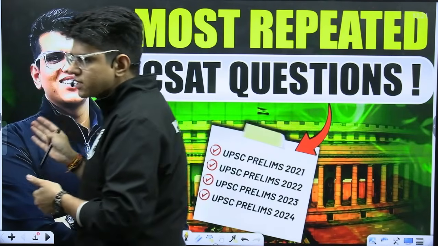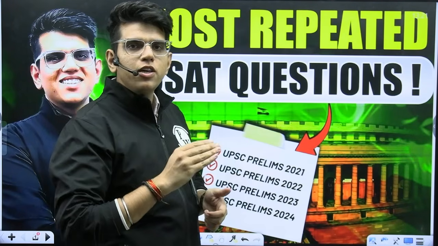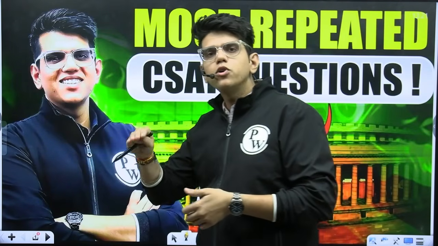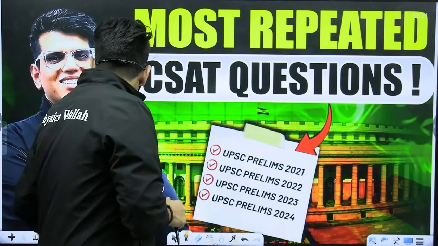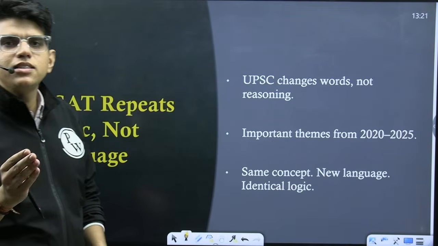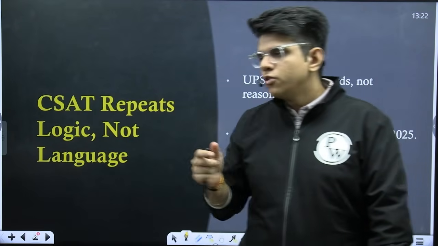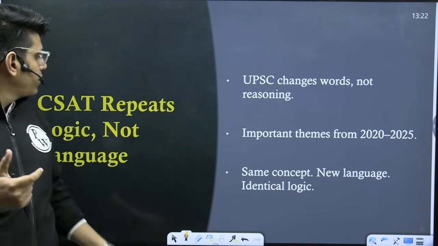Today, we will discuss one very important thing regarding CSAT, how you can use PYQs to get good marks, right? How you can identify some questions which are repeated almost every year, okay? Now, how to do that, right? First thing we should do is recognize the patterns which are repeated almost every year, okay? One thing I say always is CSAT repeats logic, not language.